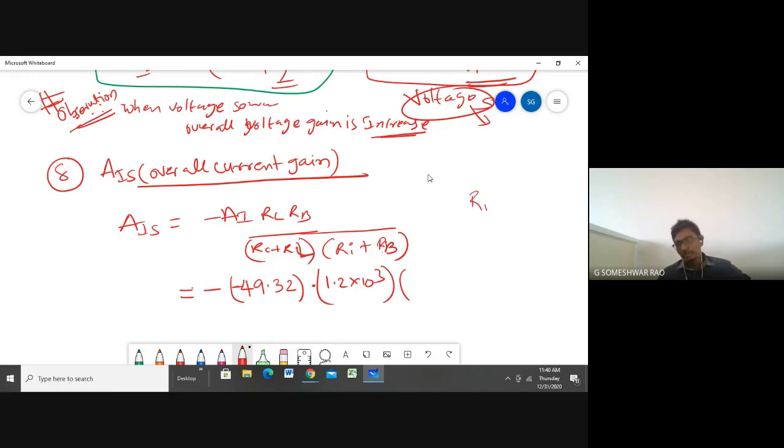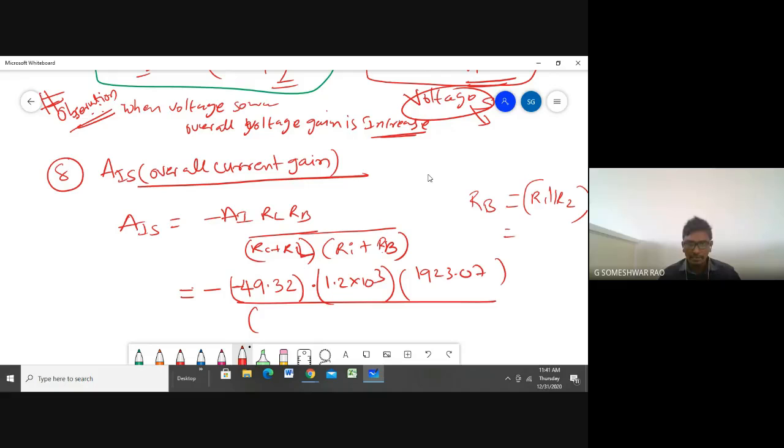We calculated it somewhere: R1 in parallel with R2, 1923.07, divided by RC plus RL. RC is 1 kilo ohm, so 1000 plus RL, which is 1.2 kilo ohm, so 1200.